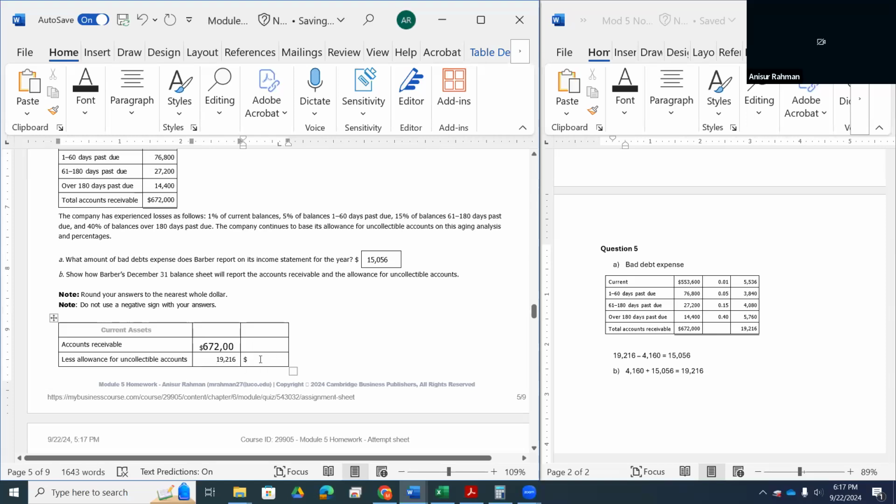And to find out the net accounts receivable net of the allowance for uncollectible accounts, we need to subtract this amount from the accounts receivable.